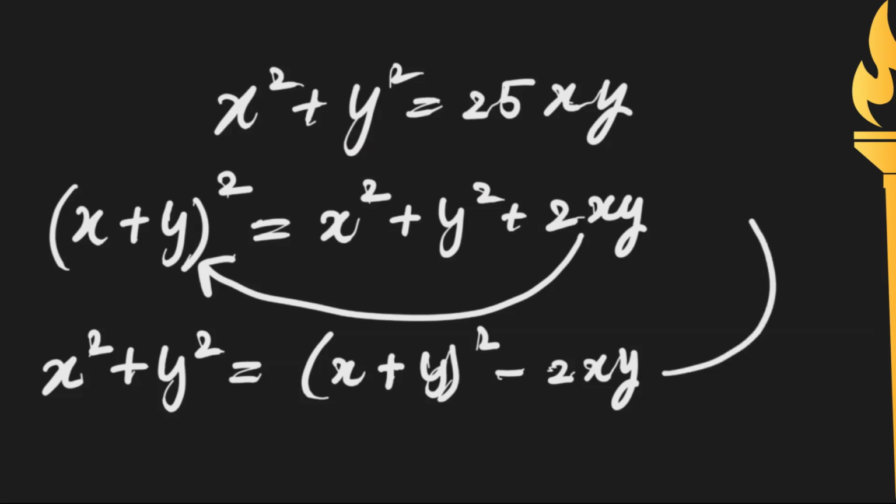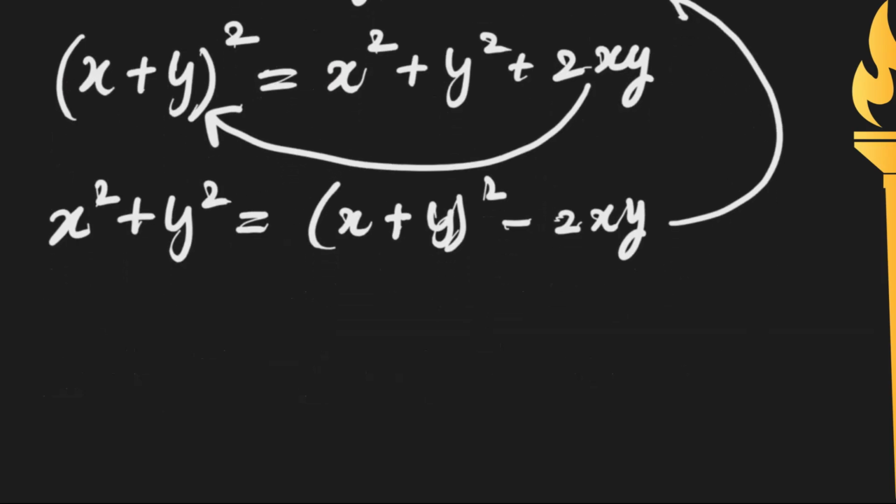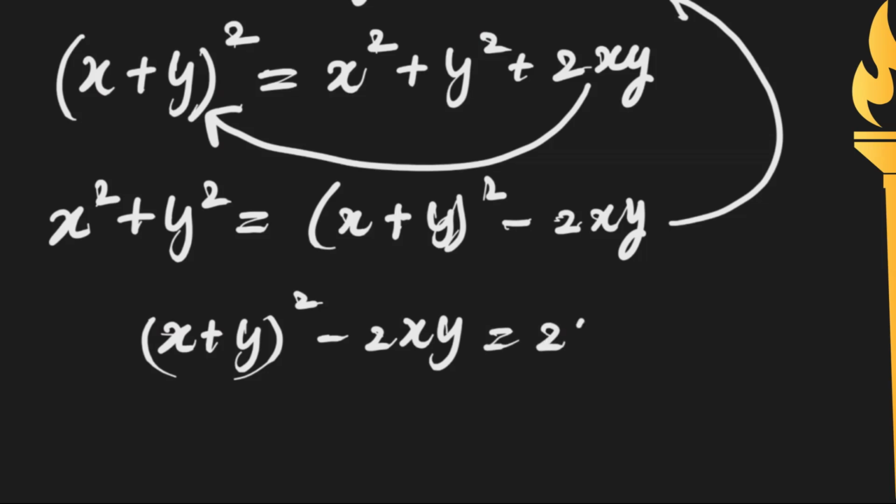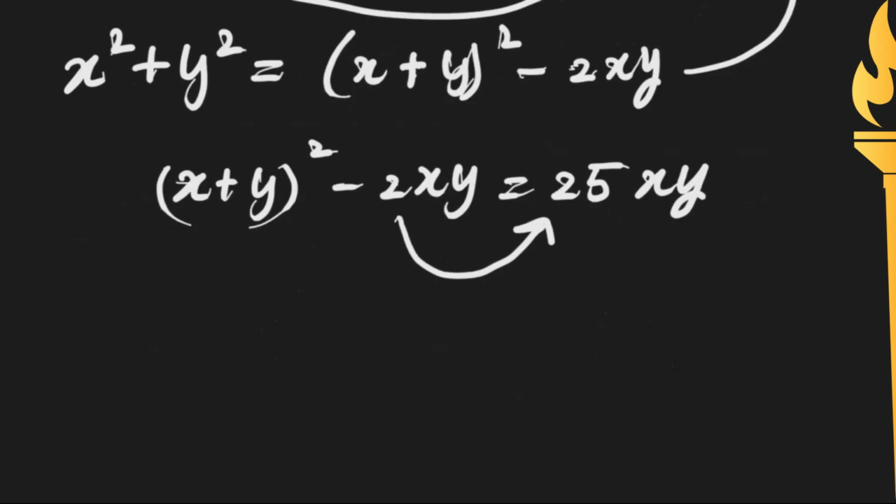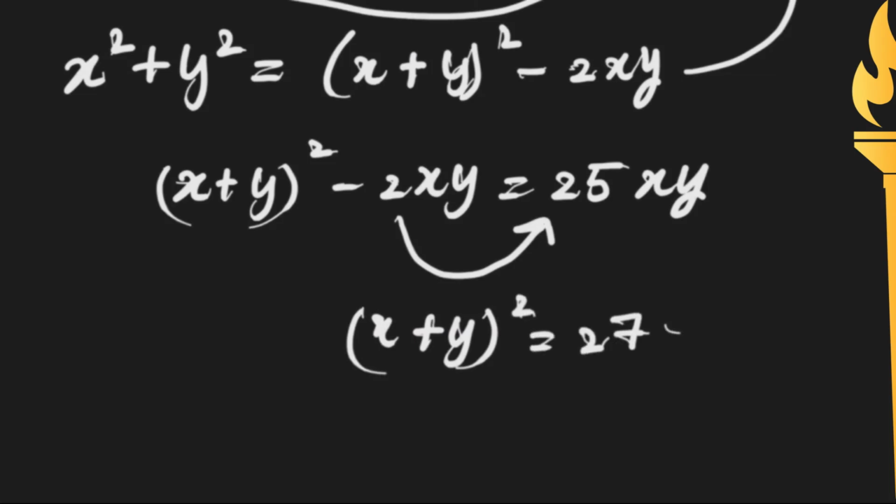If we substitute this in the given equation, we would get x plus y whole square minus 2xy is equal to 25xy. If we bring this to the right hand side, we would get x plus y whole square is equal to 27xy.